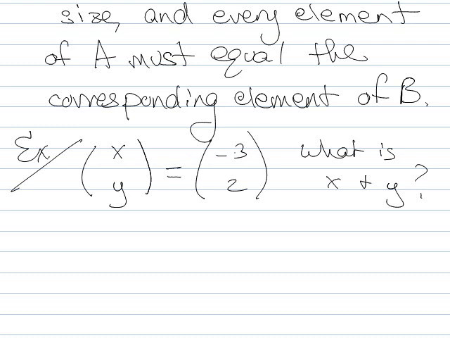If x and y is equal to -3 and 2, we can simply say, I don't want to say simply because nothing in math is ever simple, so forget I said that. x is equal to -3 and y is equal to 2. And it really is that straightforward. The only way for the matrices to be equal is that every single element that matches has to be equal to each other.